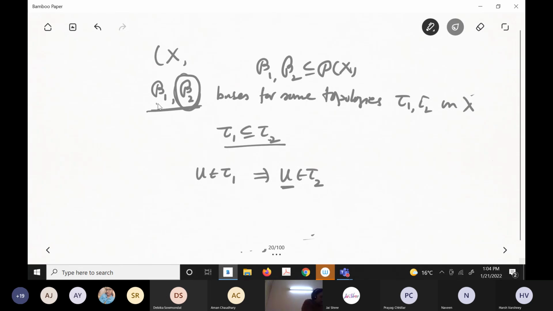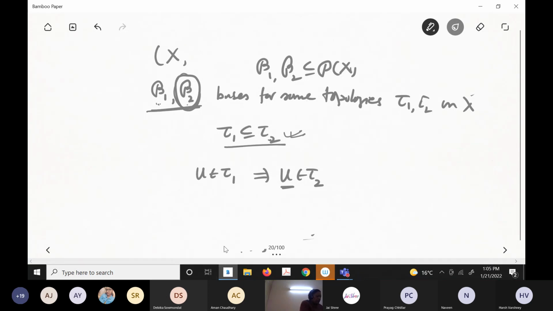Particularly if U belongs to B1, then I should be able to write it as a union of members of B2. Then you see whether that condition is sufficient to guarantee this. That will be sufficient to guarantee. Similarly, if each member of B2 you can have as a union of some members of B1, you will get the other way. That way you get it for the disk and that.